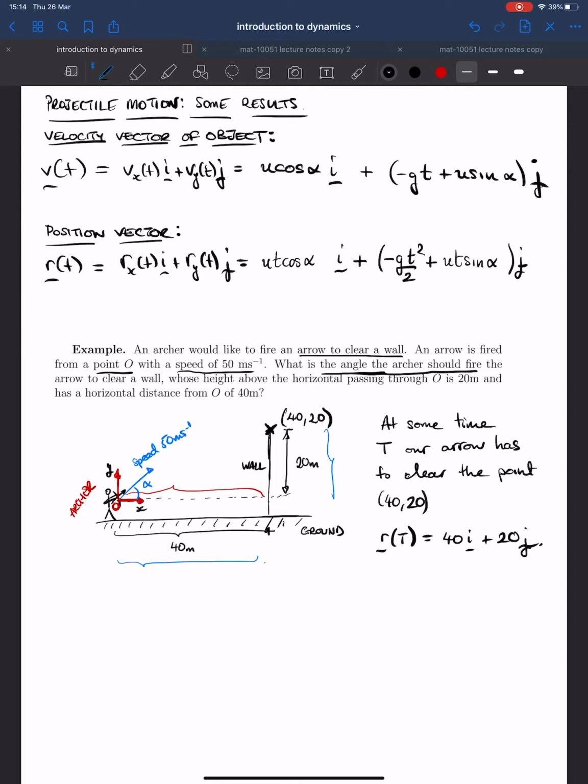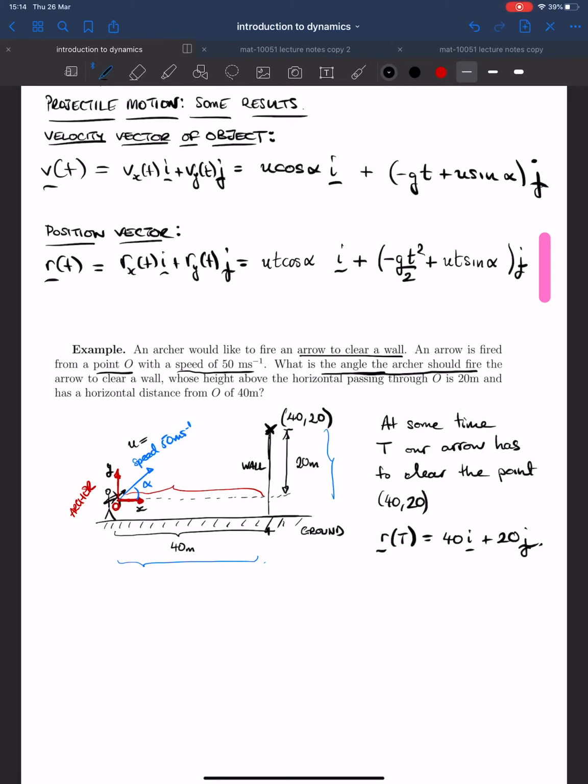Don't forget, we know that the speed u is 50 meters per second. The only thing we don't know is the angle alpha, and we know g. So we're looking to use this formula here.